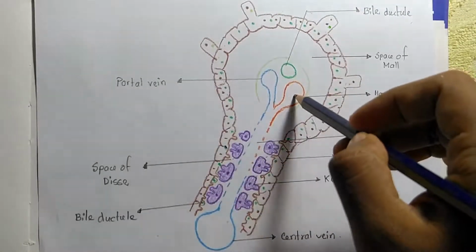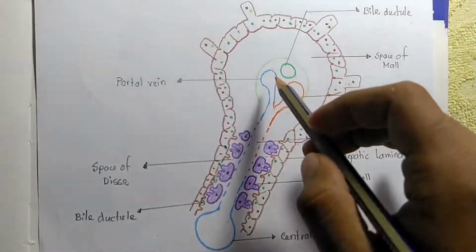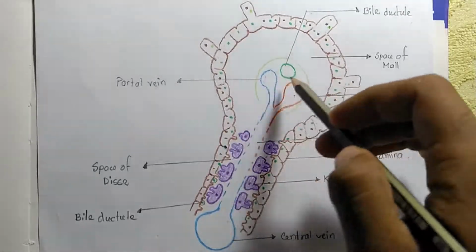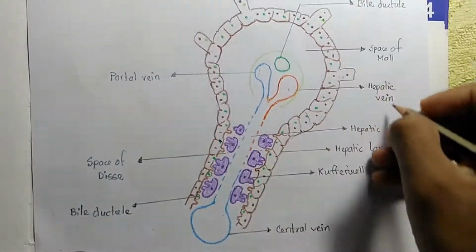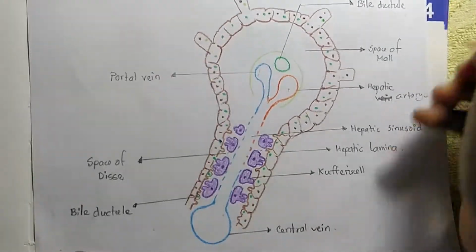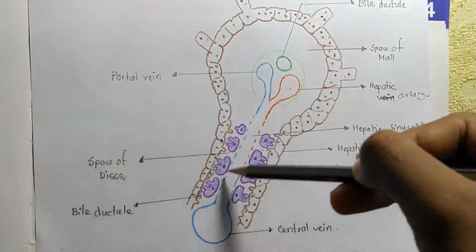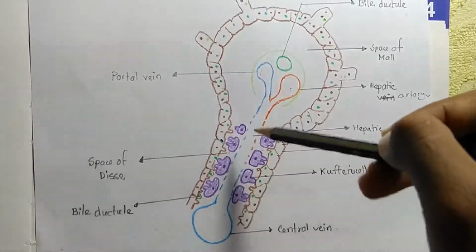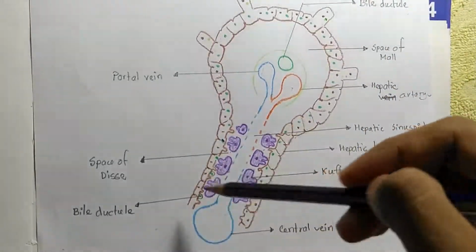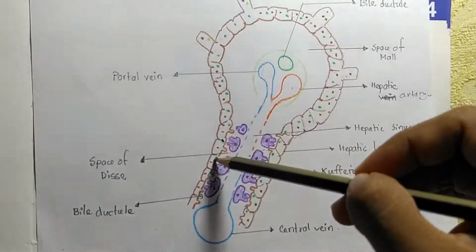Here the hepatic artery and the portal vein reunite to form hepatic sinusoids, that will ultimately drain into the central vein. So there are numerous structures along with the hepatocyte.